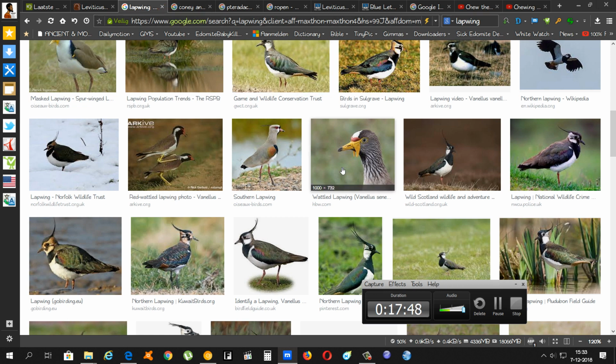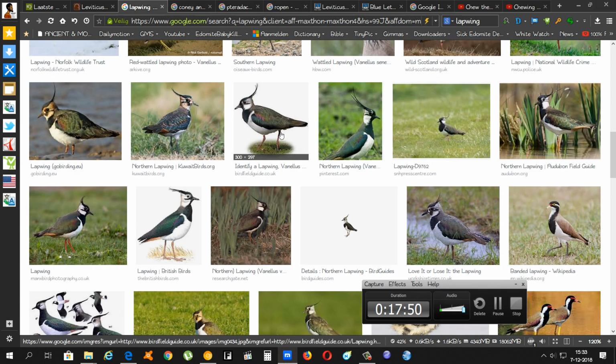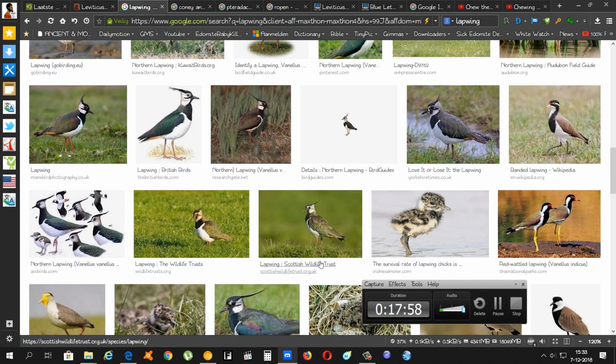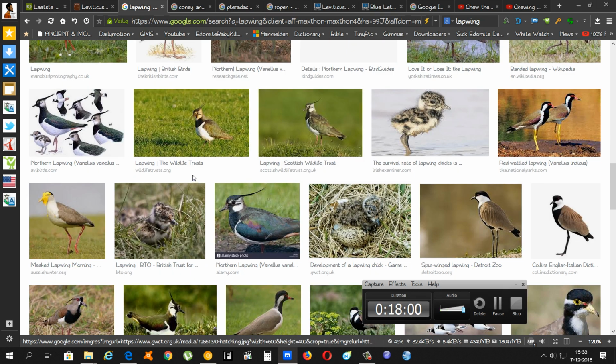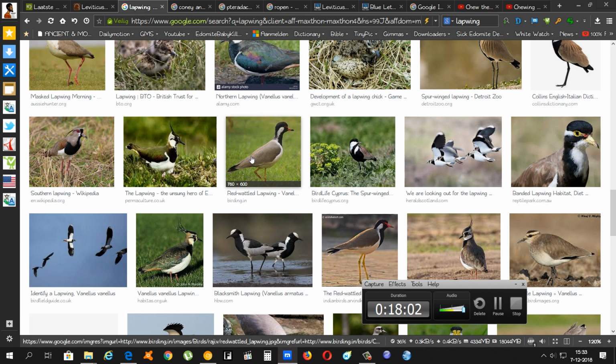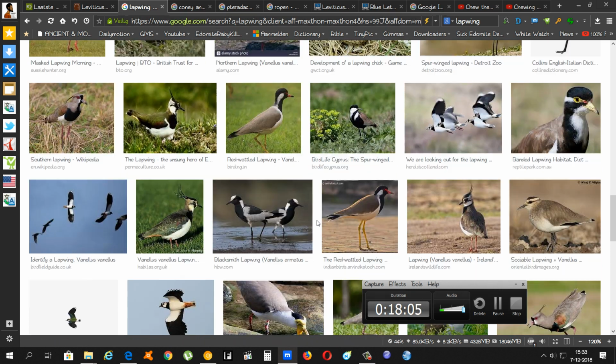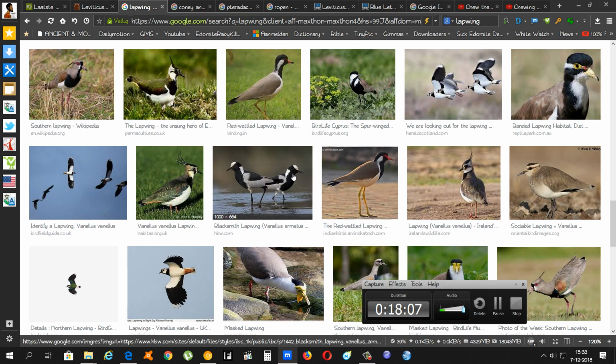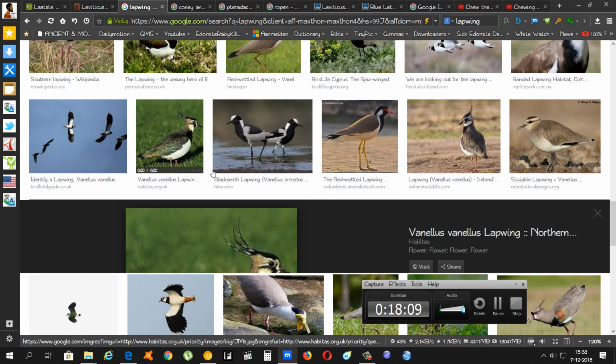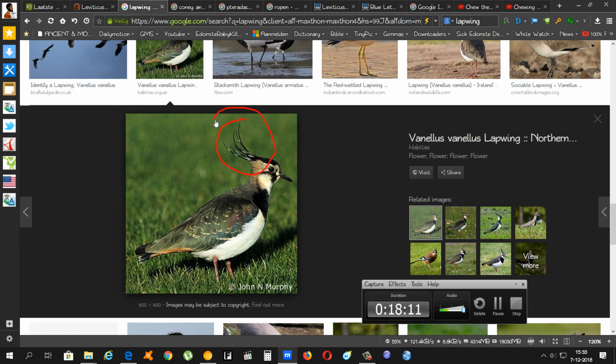And if you can't tell them in the wild, for example, if things would happen like they happen in Venezuela right now, if you're not sure, then don't eat it. That's it. Or get an expert to tell you what type of bird that is, because some of them lapwings don't have little feathers on the top of their head.